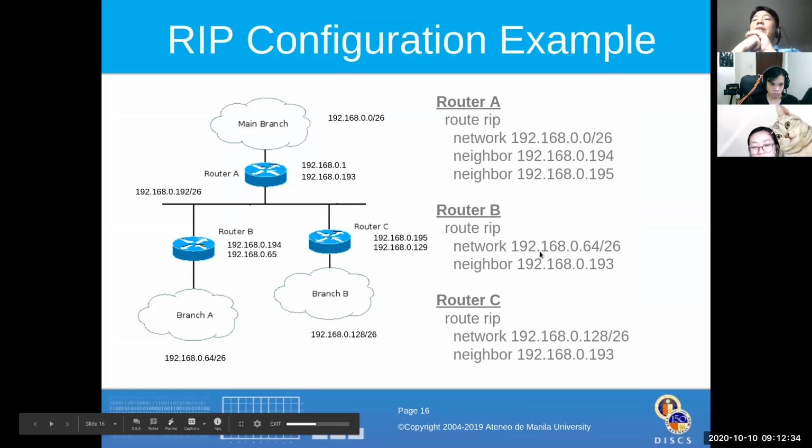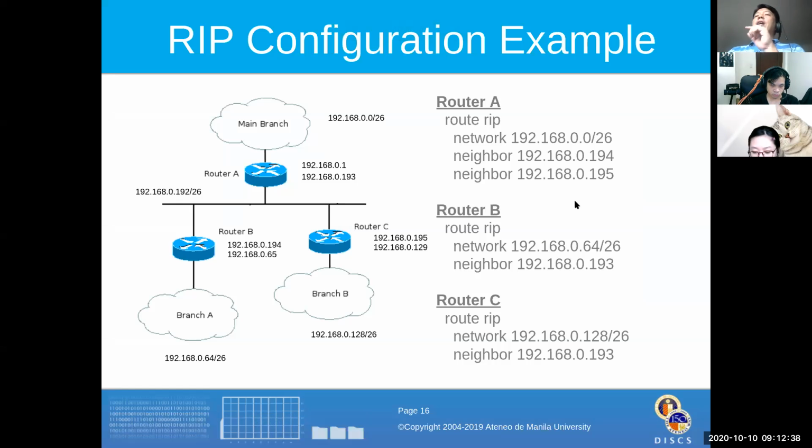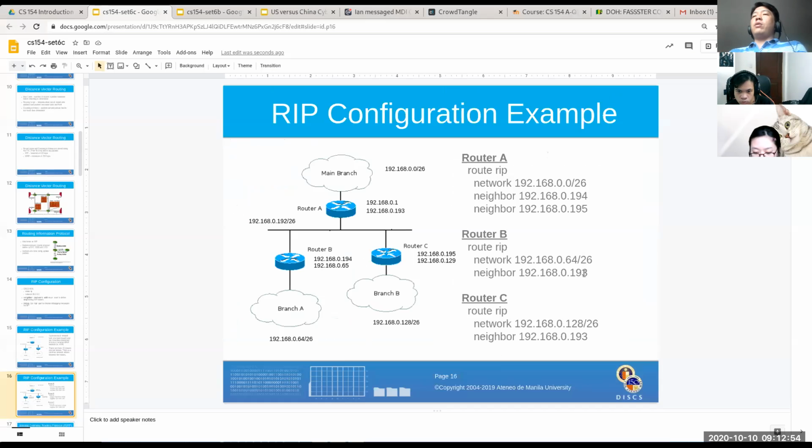And as a matter of fact, this syntax applies to any dynamic routing protocol. You simply define the protocol, your network, and your neighbors. Now, is it okay, for example, for router B, to also define 192.168.0.195 as a neighbor? That's actually fine, right? That's something you can do also.